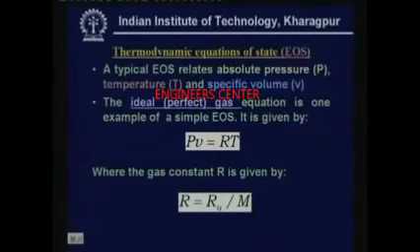Next simple equation of state is that for an ideal gas, that is given here. As you know very well, for an ideal gas the relationship PV is equal to RT holds good, where P is the absolute pressure, V is the specific volume, R is the gas constant, T is absolute temperature, and the gas constant R, as you know, is given by the universal gas constant divided by the molecular mass.